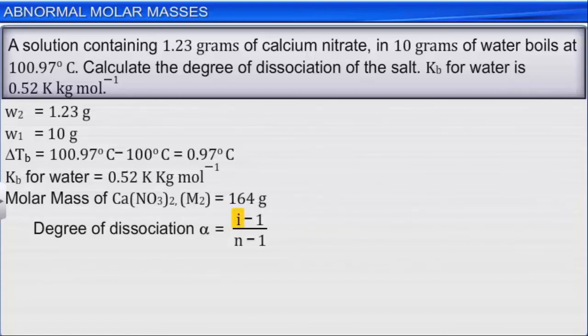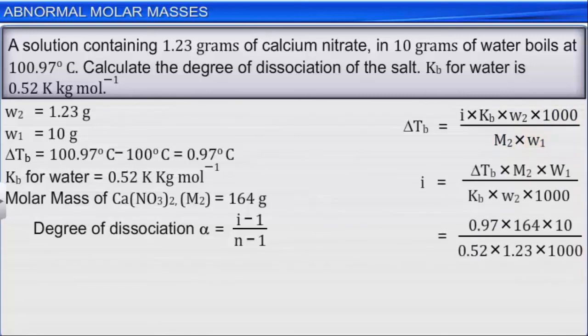Substitute these values in the modified equation for elevation in boiling point. Elevation of boiling point, delta Tb, is equal to i multiplied by Kb multiplied by W2 multiplied by 1000, divided by M2 multiplied by W1. On solving for i, we get Van 't Hoff's factor i is equal to 2.48.